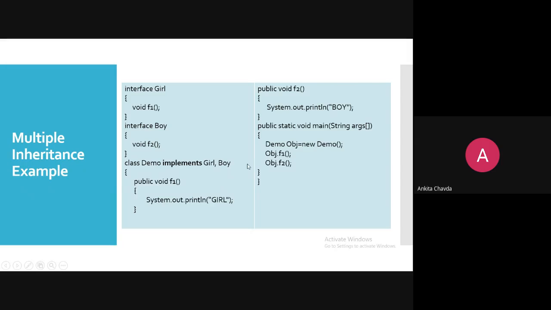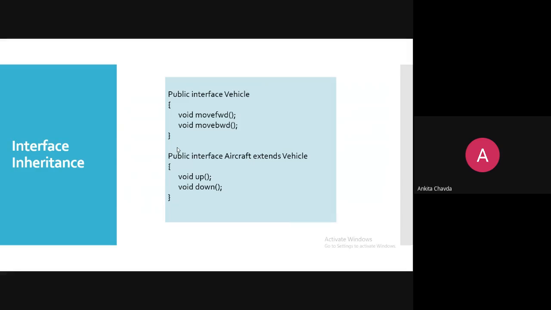Through this object, I can call f1 and f2. So via your class object you can call these methods, and you can even create an interface reference and access the methods via that. We will see that in another example. First we'll finish this concept and then I'll show you all the examples together.